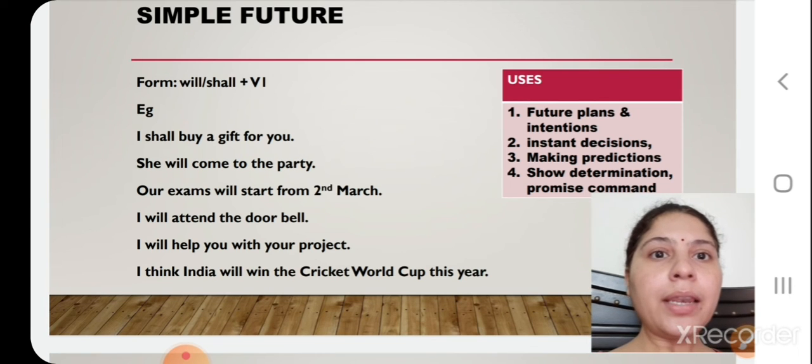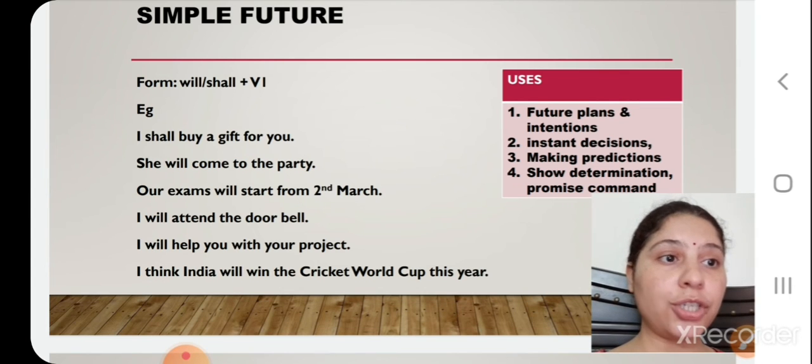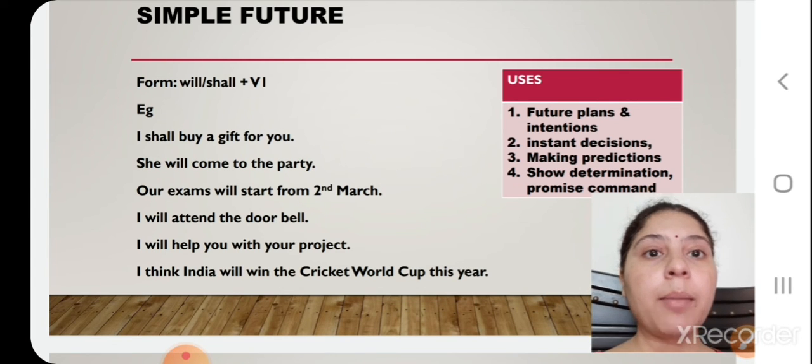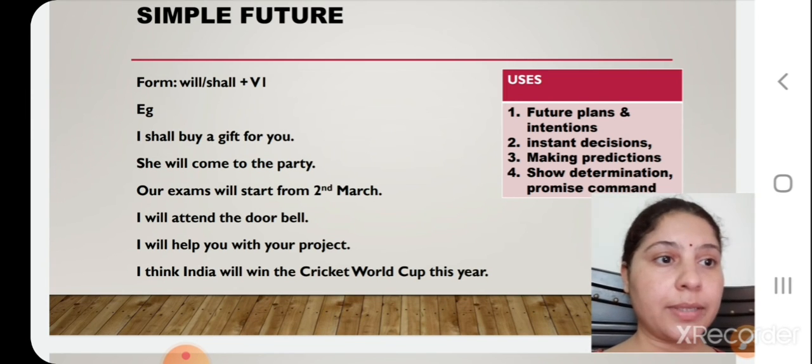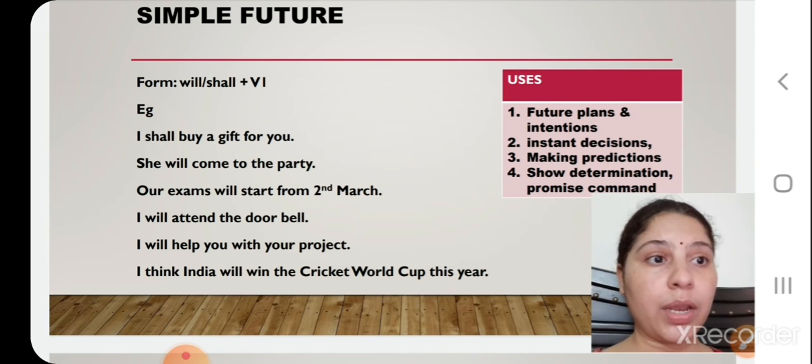Okay, in the first example, I shall buy a gift for you, it only means a future plan, an intention of somebody. But when I say, I will buy a gift for you, it becomes a promise. It becomes a strong determination of mine that I am definitely going to get a gift for you. Without fail, I will get a gift for you.